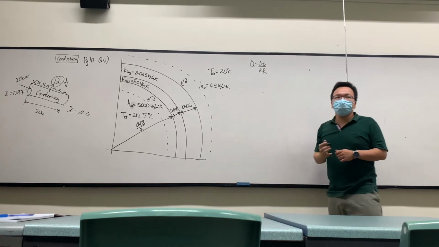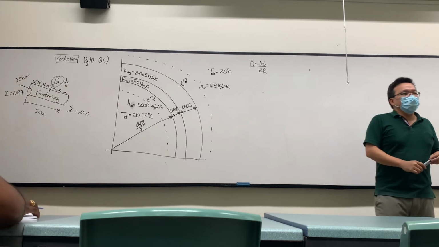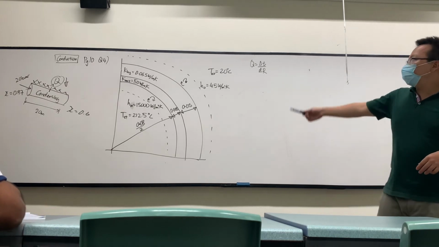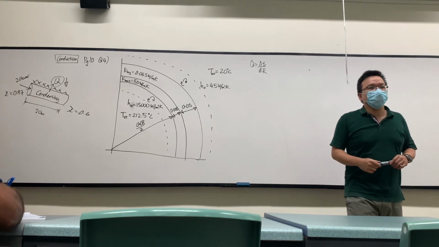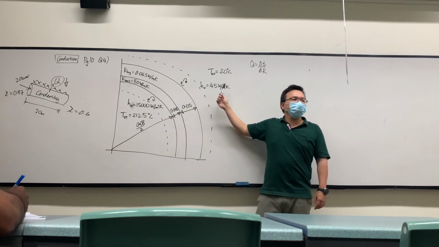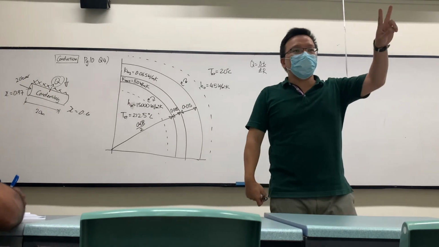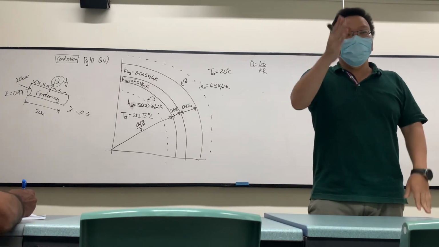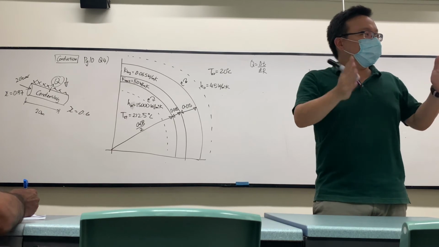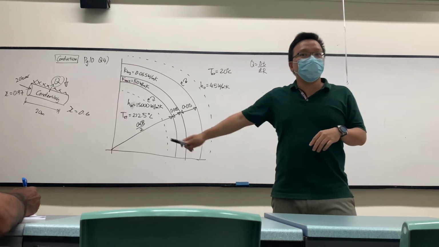Remember I say equation cannot run on. So what are the temperatures given? 212 and 20. So you got two temperatures, and remember I keep saying the temperature is always the boundary of the layers concerned.